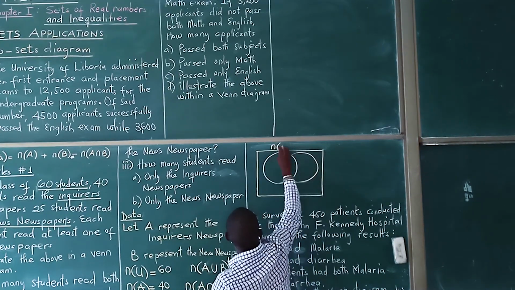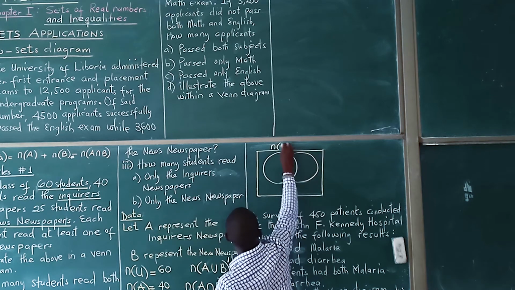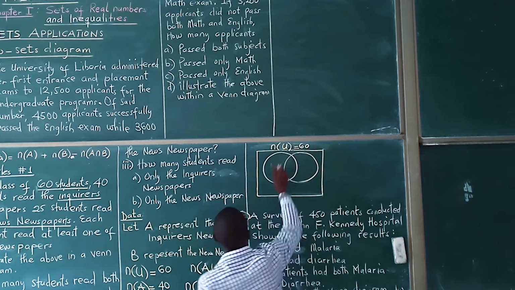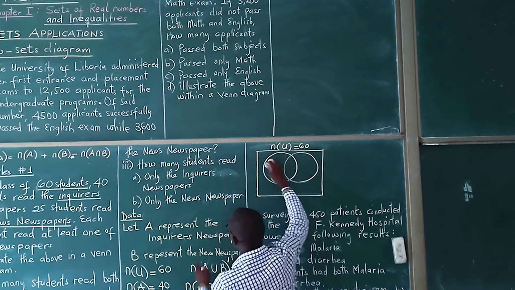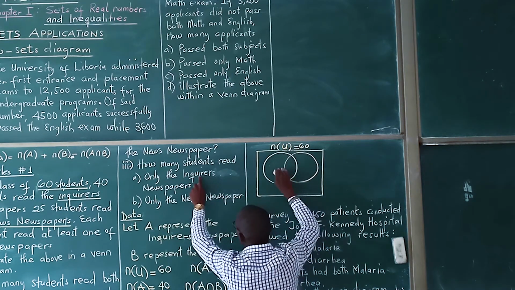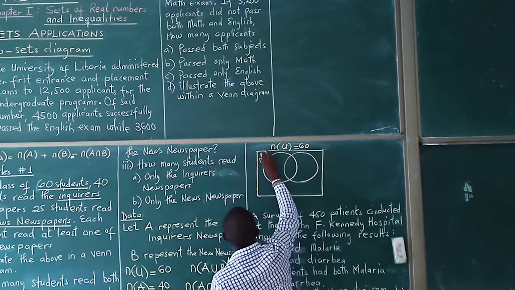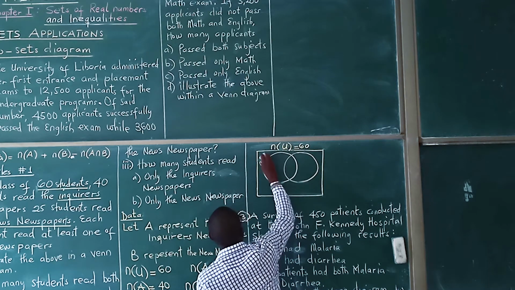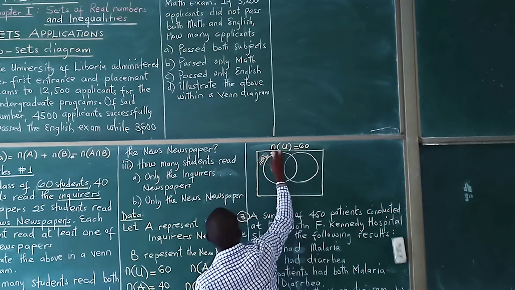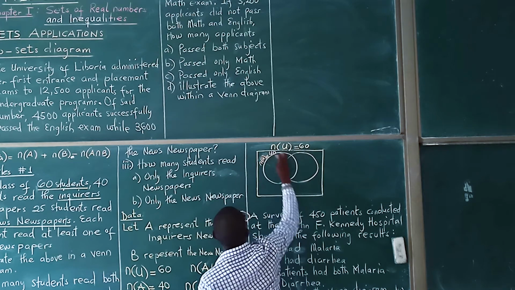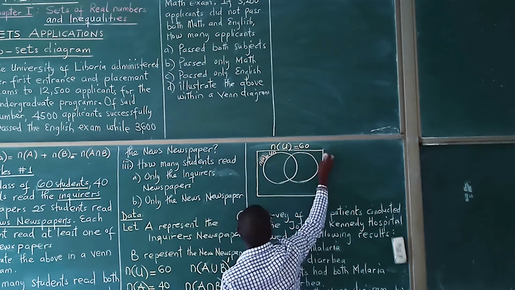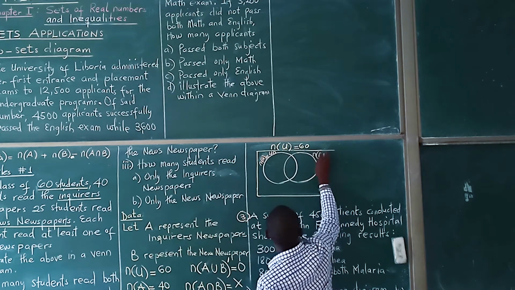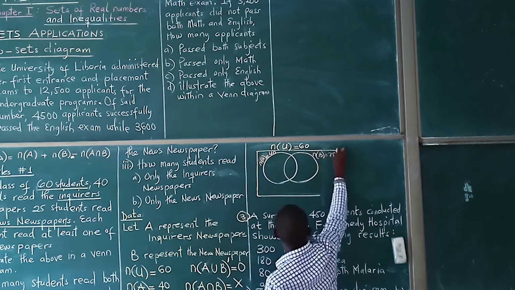The number of persons we are dealing with, which is U, the universal set, is just equal to 60. So this circle now represents the number of students who read the Inquirer newspaper. So we say number of A, let's write it smaller, number of A now is equal to 40. And this side, number of B, let me increase this thing, number of B is equal to 25.